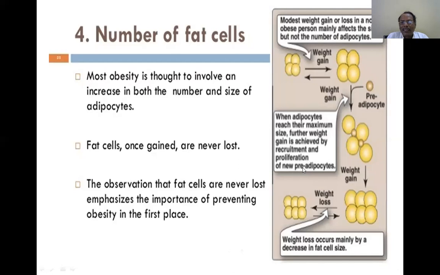And these are pre-adipocytes. Once pre-adipocytes become adipocytes, they are going to shelter the fat, and once fat cells are increased, they are not normally reduced. Only in an exceptional state can they be.